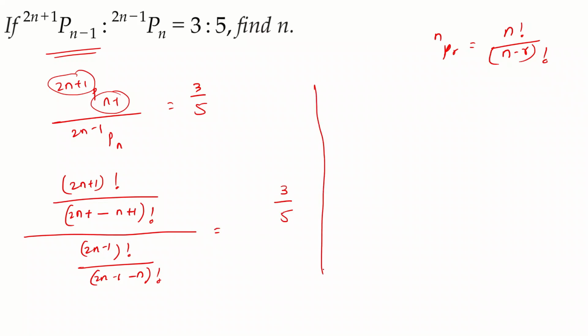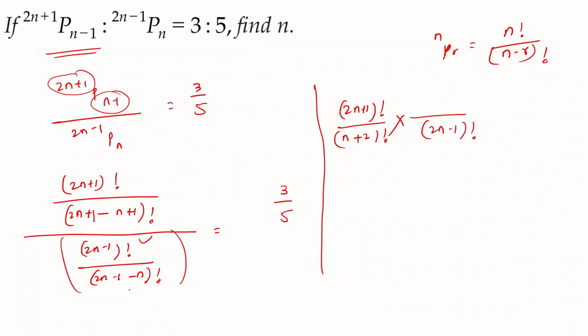So what we have is (2n+1) factorial divided by (2n minus n) gives you n, and over here we had n plus 1, so plus 1 gives you plus 2 factorial. Now you can multiply with the reciprocal of this denominator, so we write this thing over here in the denominator, this (2n-1) factorial, and this thing in the numerator, so 2n minus n gives you (n-1) factorial, and this is equal to 3 by 5.